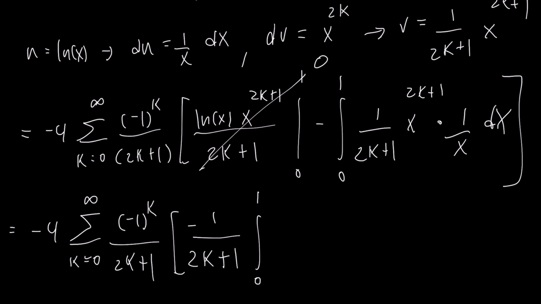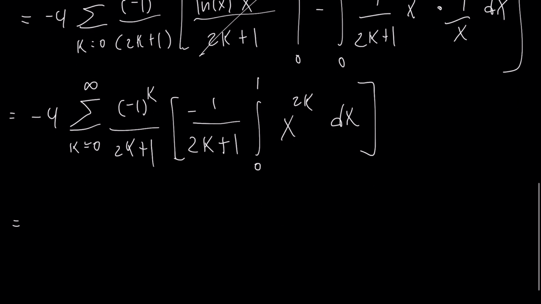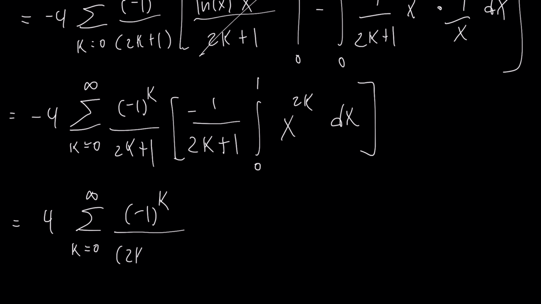And again, x^(2k+1) divided by x is just x^(2k) dx. Negative times negative is a positive, so we have 4 the sum from 0 to infinity of (-1)^k divided by (2k+1) squared times the integral from 0 to 1 of x^(2k) dx.